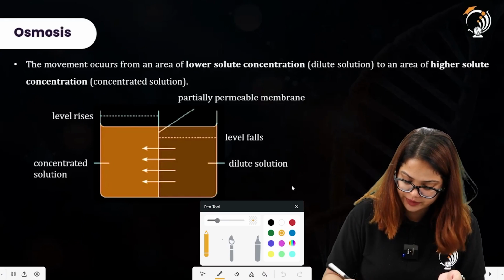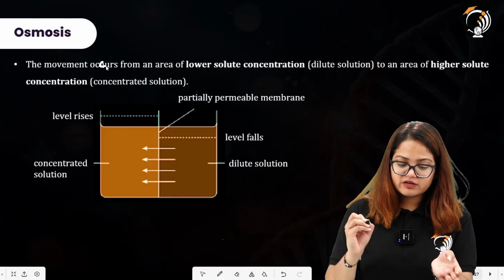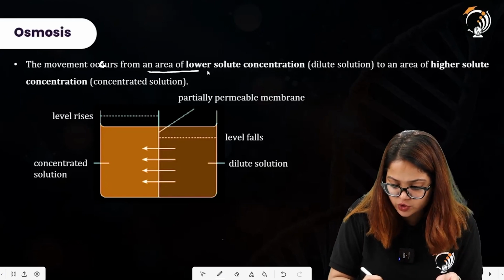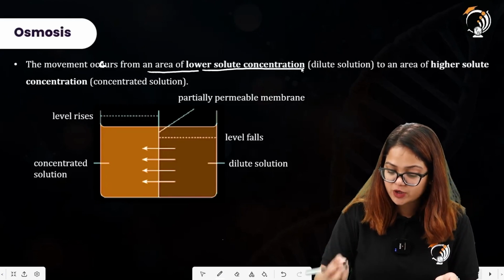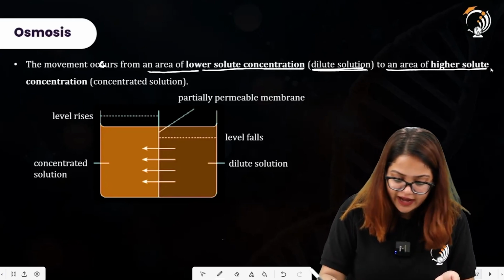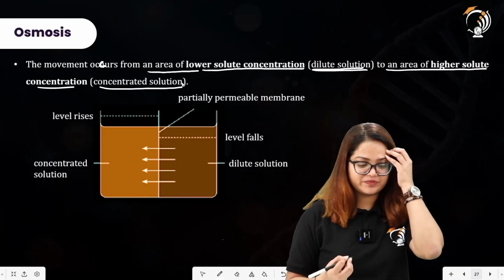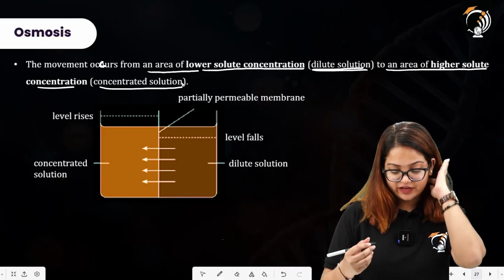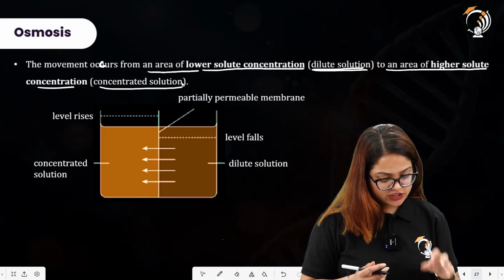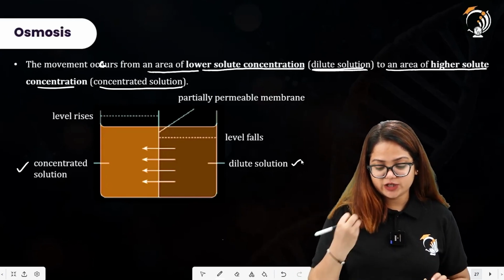So basically the movement occurs from an area of lower solute concentration, or you can also say dilute solution, to an area of higher solute concentration, that is the concentrated solution here. So here we have another apparatus that shows the concentrated solution on the left hand side, and on the right hand side there is dilute solution.